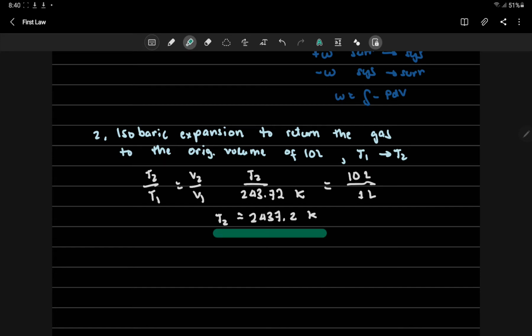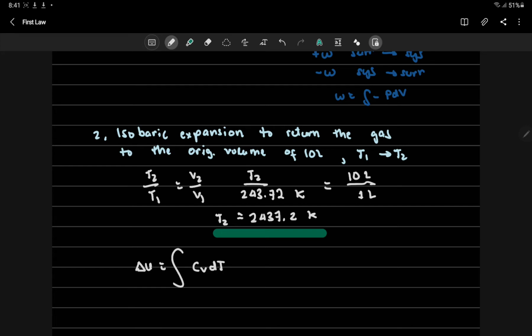Alright. Now, next are delta U, delta H, Q, and W. Starting with delta U, the process is isobaric. If we remember the equations from the previous lectures, we will simply use the integral of CV dT.